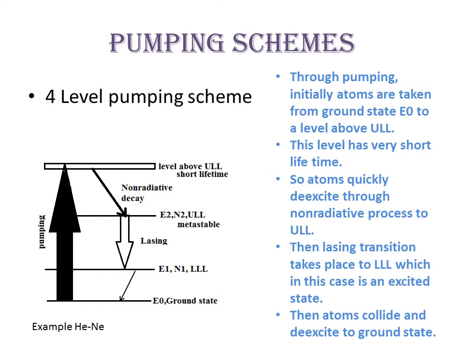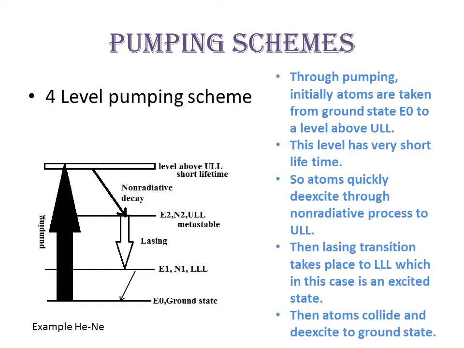So helium is an example for this type of laser system, but if you read the textbooks, you will see in some cases they will argue that helium is a 3 level laser system, but I would like to consider helium to be a 4 level laser system, because you have got helium energy levels and neon energy levels, and there are different ways in which you can select the upper laser level and lower laser level in the case of helium.